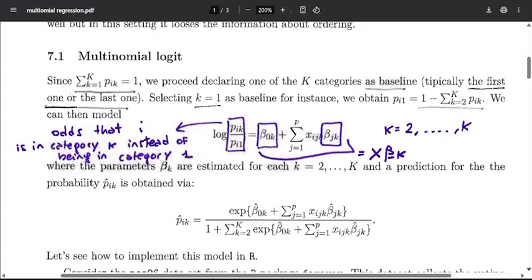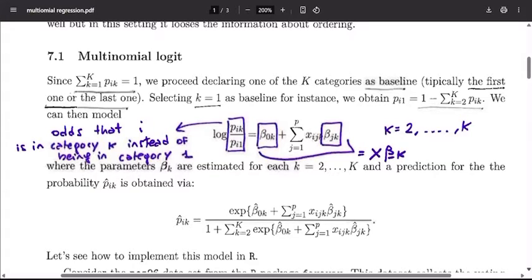We need to be able to decide among the K levels which one we are going to reference. Which one are we going to nest in the intercept? We need to decide on that.